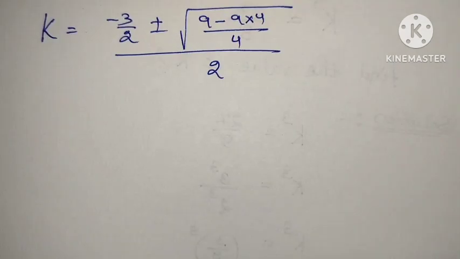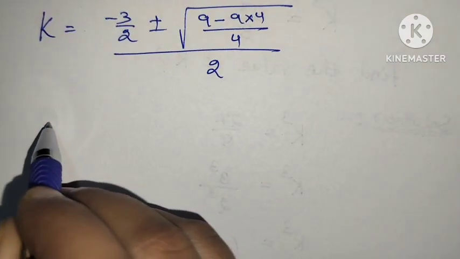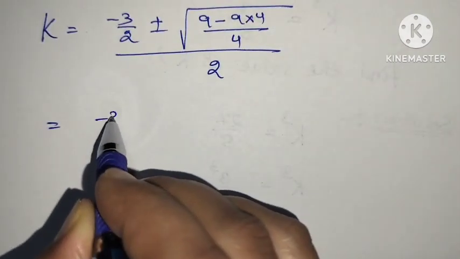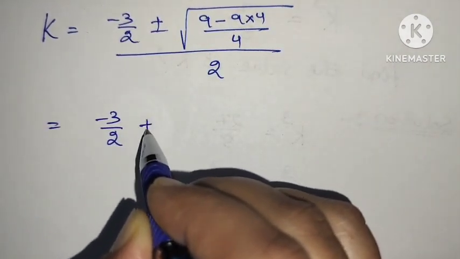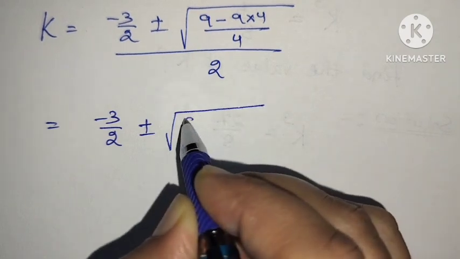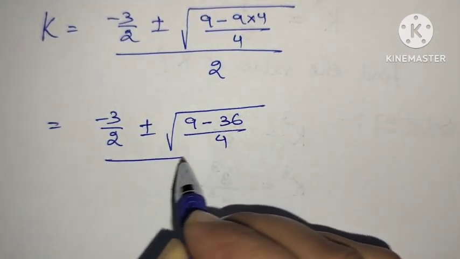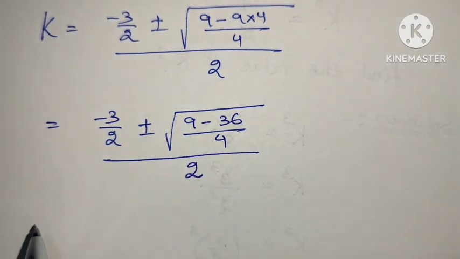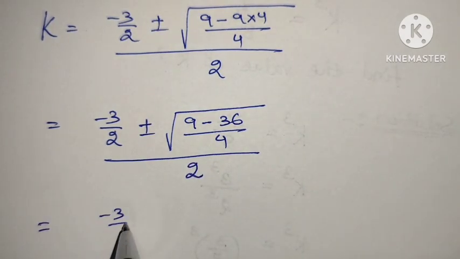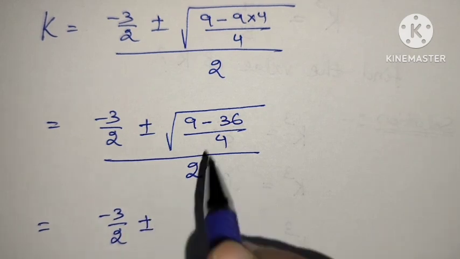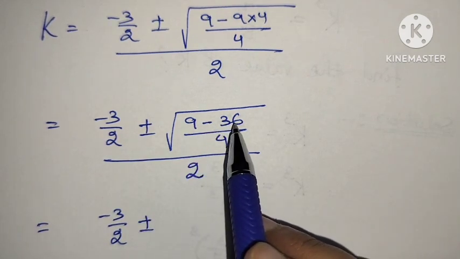Yes, then the next step is what? Minus 3 by 2 plus minus root over of (9 minus 36) divided by 4, divided by 2. This is equal to minus 3 by 2 plus minus root over of 9 minus 36.